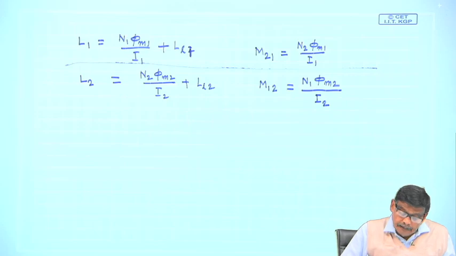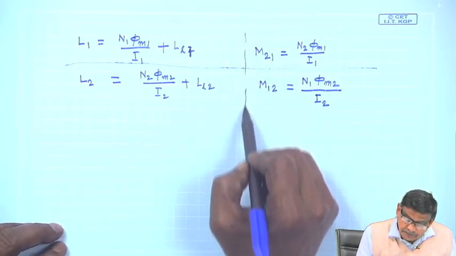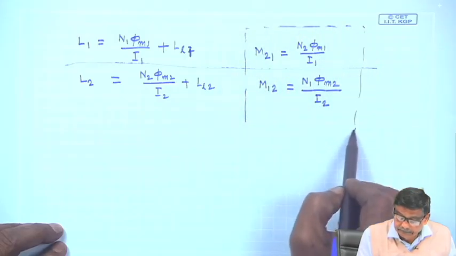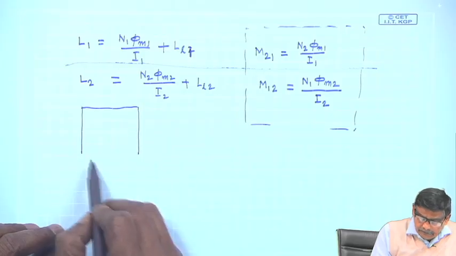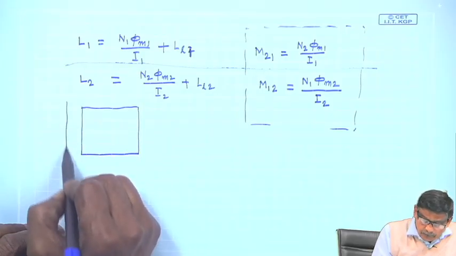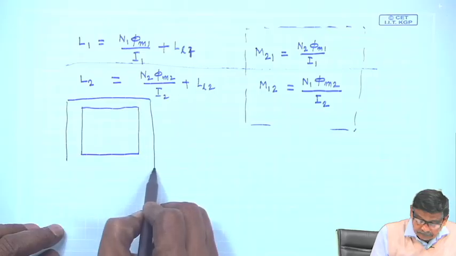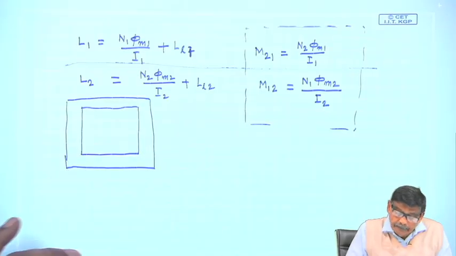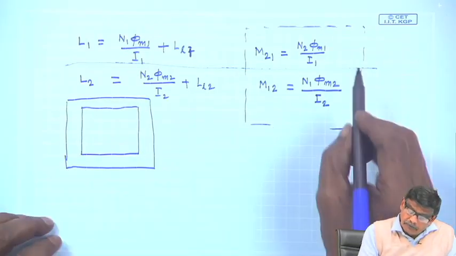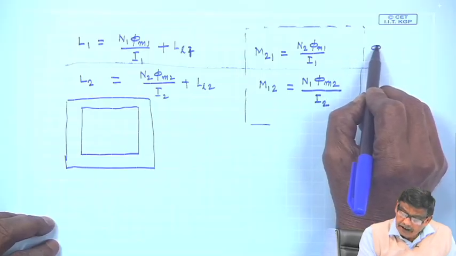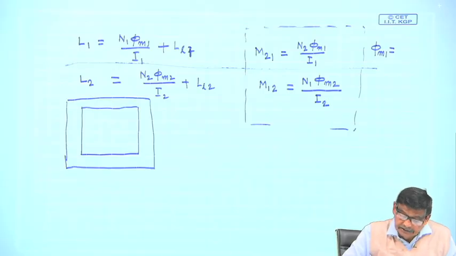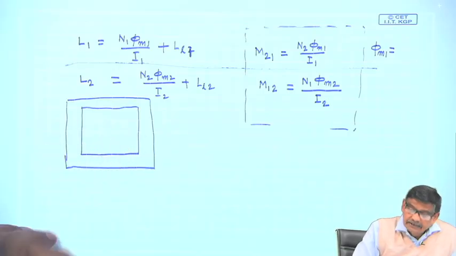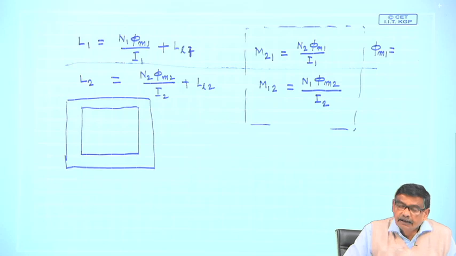Okay, fine. Now, let us concentrate on these two equations here. Mind you, these two coils are sharing a common magnetic circuit. So, what will be the flux? We have done magnetic circuit analysis: if a coil is energized, how do we calculate the flux inside the core?